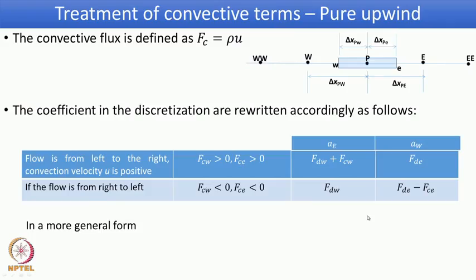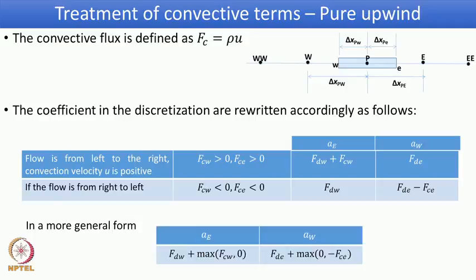So, in a more general form, to put these two things together, because in a code you will have only one line representing all the situations, we write A e as F d w plus max of F c w comma 0. So, this will take the maximum of these two values.